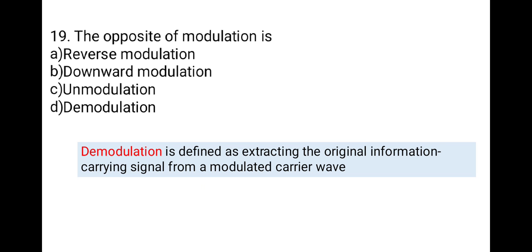We know that modulation is the process in which an information signal is superimposed on the carrier signal. The opposite of this means removing the carrier signal from the information signal, and this process is called demodulation.